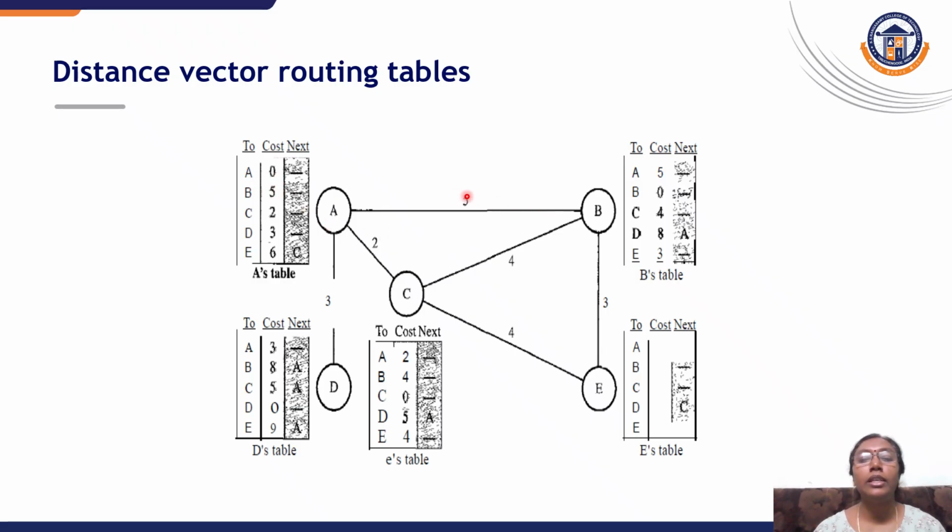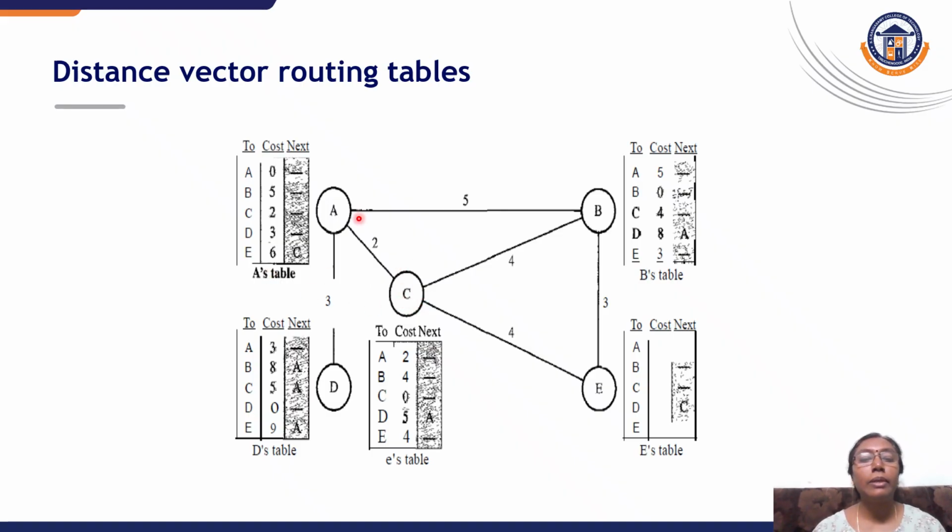A to B, the least cost route, that is the minimum distance, is 5. A to C, minimum distance is 2. A to D, minimum distance is 3. But for A to E, there is no direct neighbor, since E is not a direct neighbor of A, so it can be sent through C.